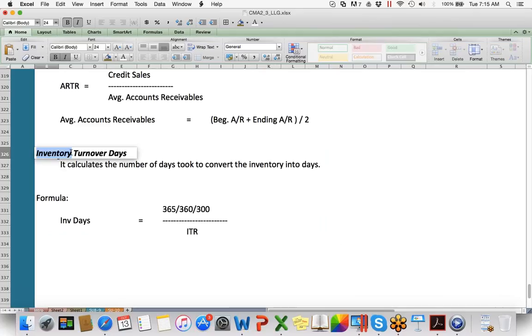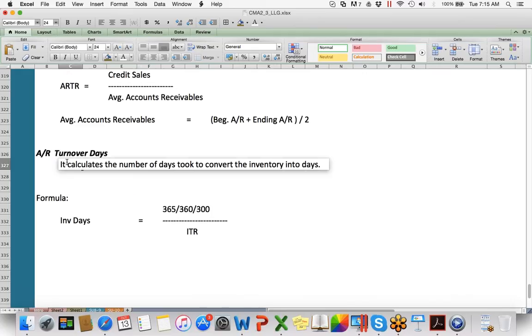Accounts receivable turnover days calculates the number of days taken to convert the accounts receivable into cash, so that cash is in your hand.